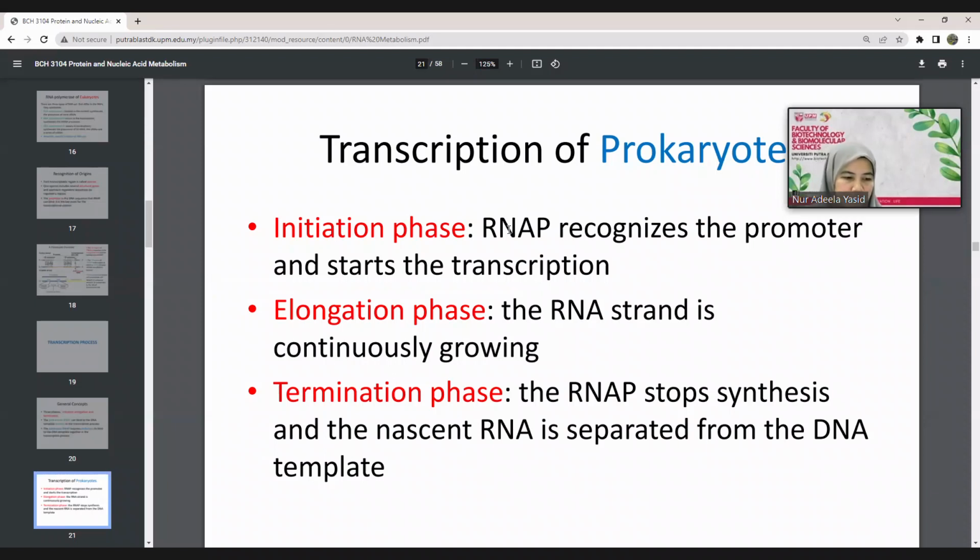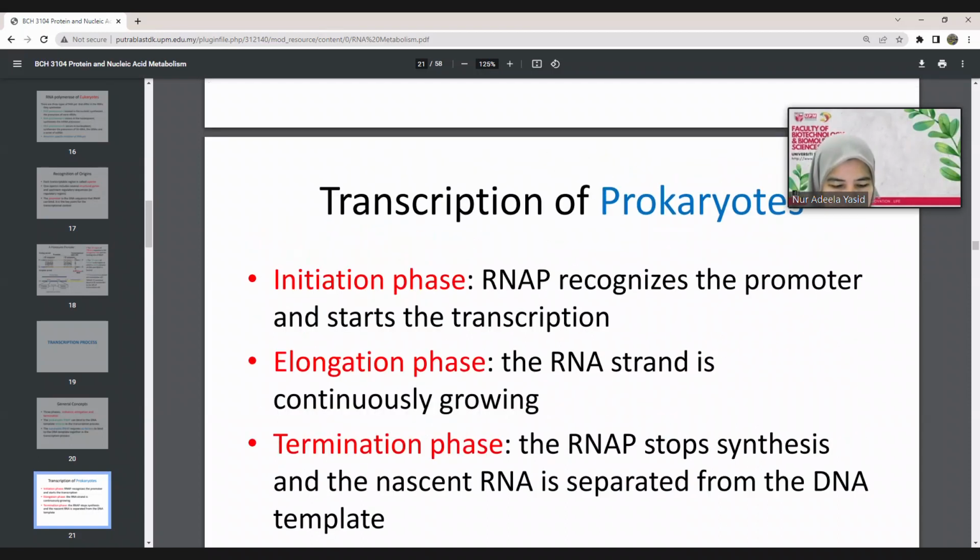In the termination phase, the RNA polymerase stops the synthesis, and the nascent RNA is separated from the DNA template.